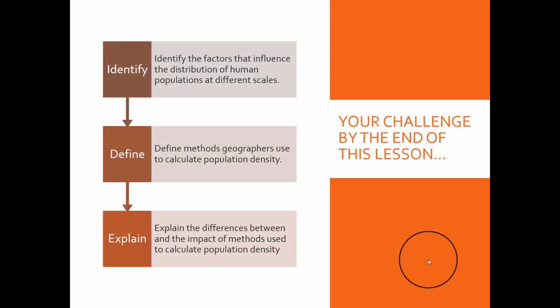Your challenge for this particular lesson is to identify the factors that influence distribution of human populations at different scales, define the methods geographers use to calculate population density, and then be able to explain the differences between those population densities and the impact of the methods used to calculate population density. So you have a big challenge for this lesson, but I think you'll be able to do it by the time we're finished. Okay?